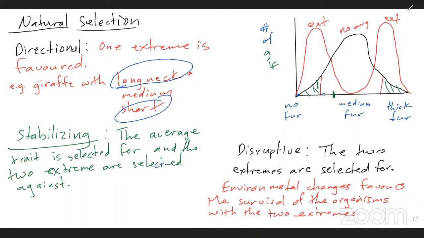What does that mean? When it says survival of the fittest, as you know, there is variation among organisms in a particular species, right?